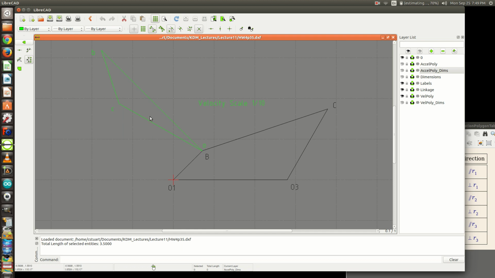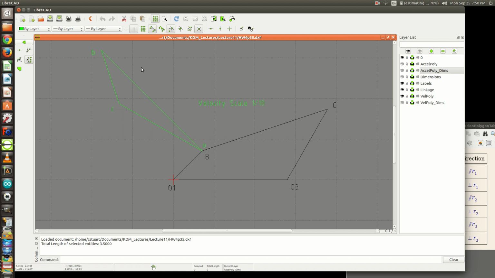The next line that we can get is line oc. It also starts at the fixed location, and it is perpendicular to the rocker. Finally, we can draw a line bc.